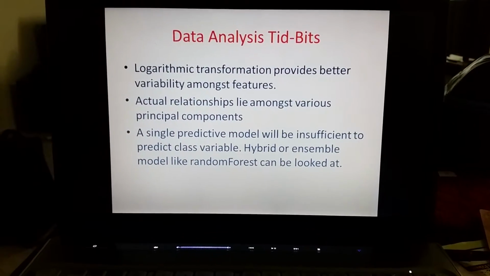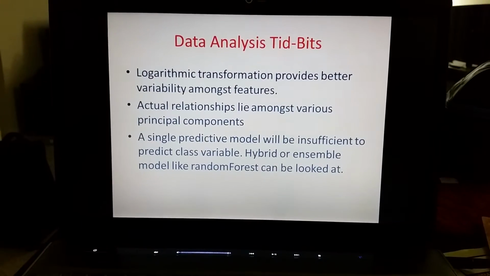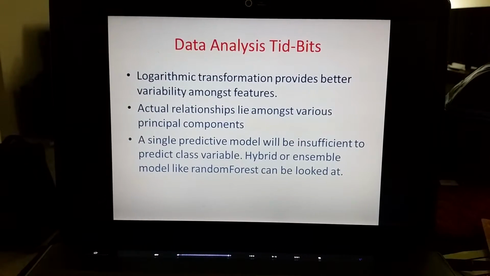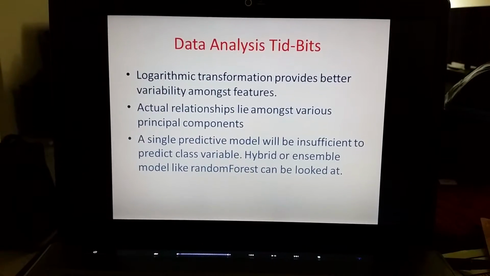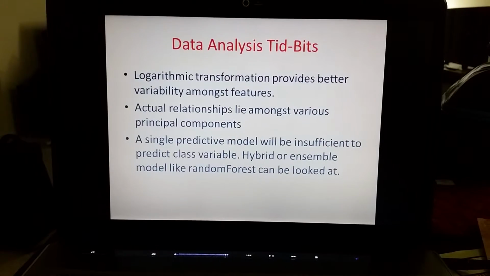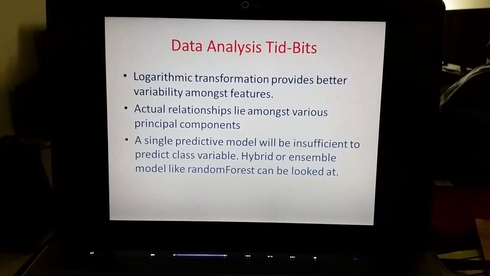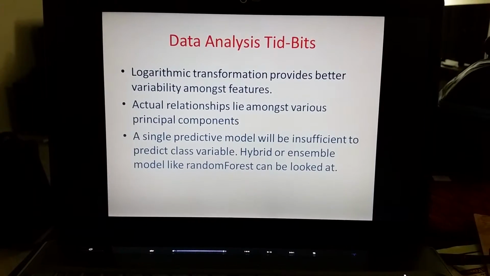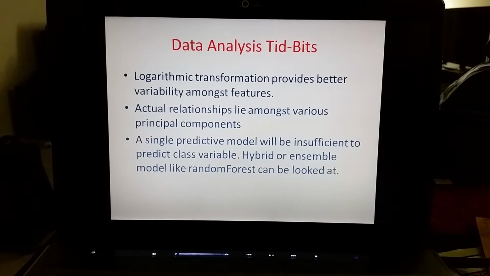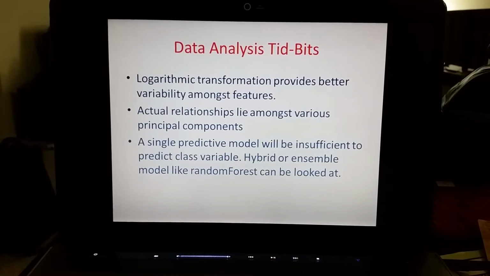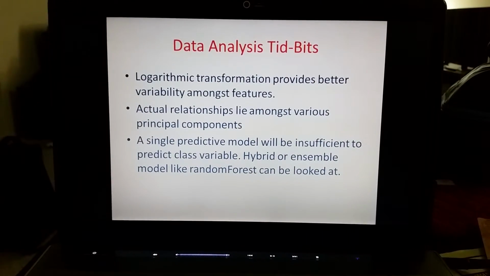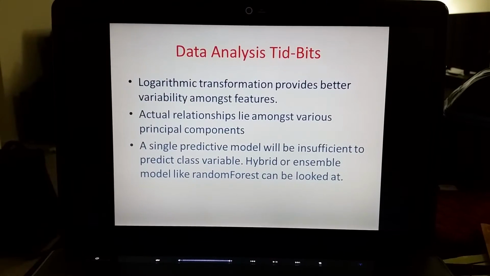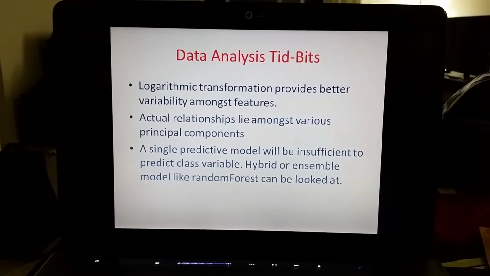Lastly, as I said, I attempted two different models: the linear regression model was attempted on the data set before principal component analysis, and the decision tree was attempted on the data set after principal component analysis. Linear regression gives a better account of the variability in the data, but it does not predict the class variable correctly.